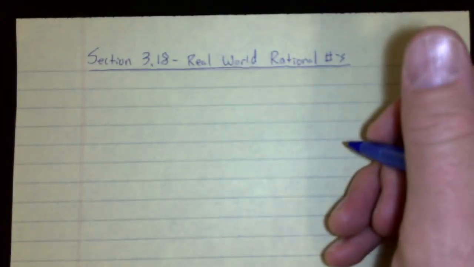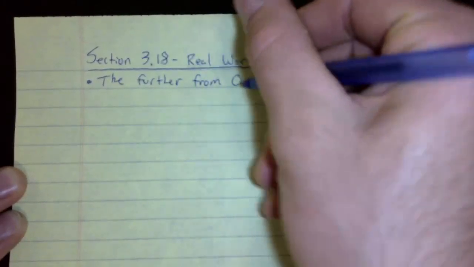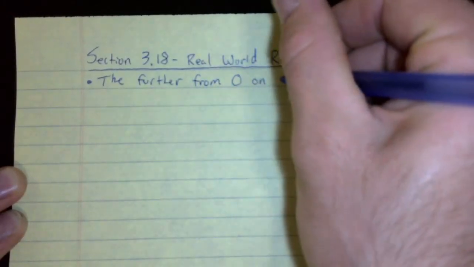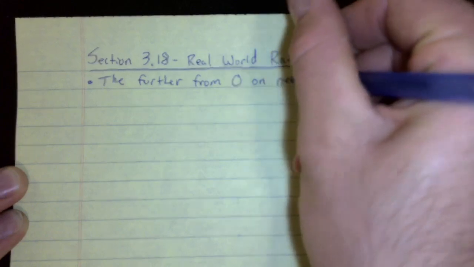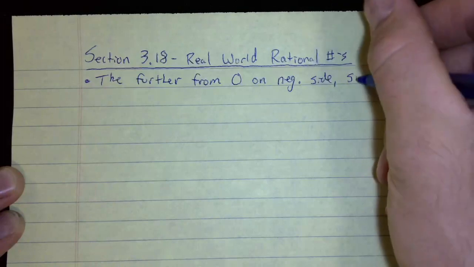So we've seen rational numbers. We're seeing absolute values. One thing that we know is the further from zero on the negative side of a number line, the smaller the number.